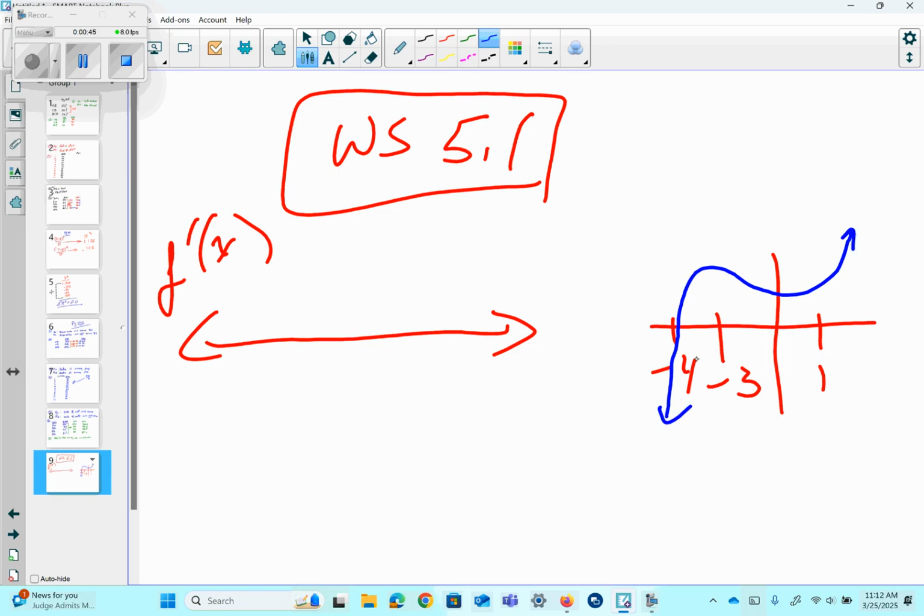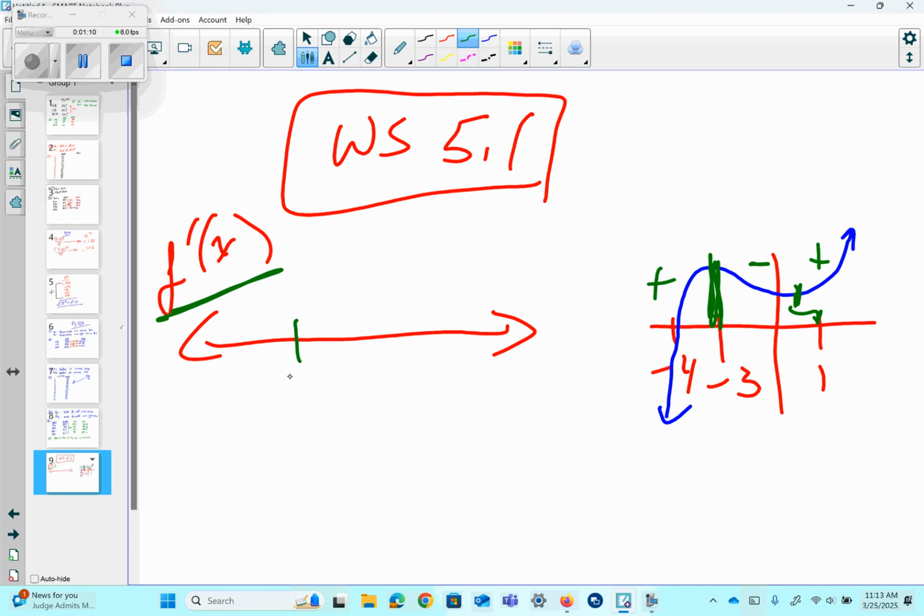All right. So if we're going to complete this chart, remember F prime deals with the slope of the tangent line. So right here, this is positive, then this is supposed to be at 1. That's right there. This is negative, and that's positive. So put those values that are going to help you.